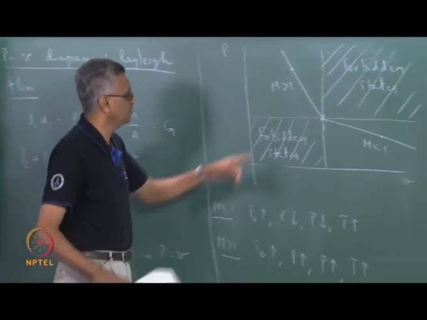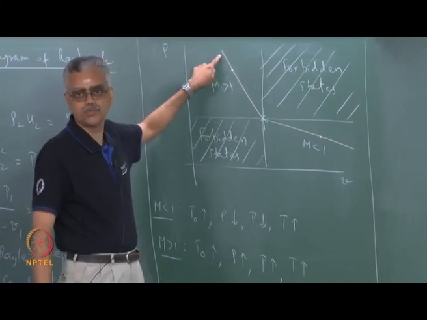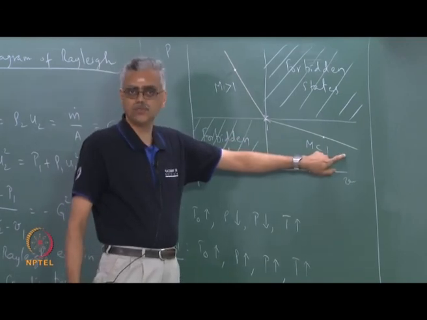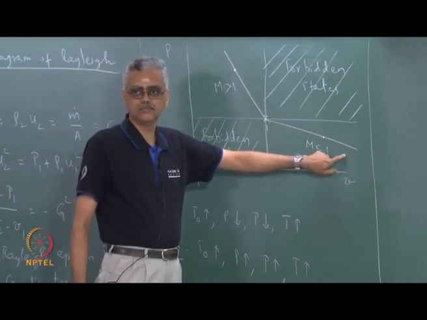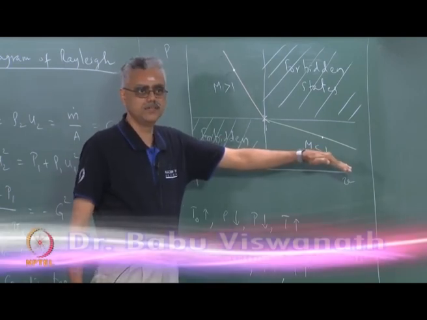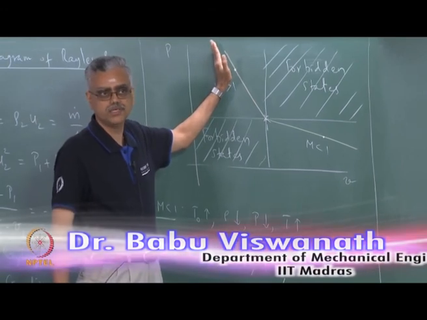And remember, the Mach number decreases as I travel outwards from here, and the Mach number increases as I travel outwards from here. For a given stagnation temperature, Mach number increases in this direction and Mach number decreases in the supersonic portion of the Rayleigh line.